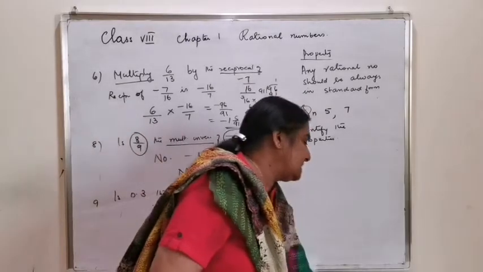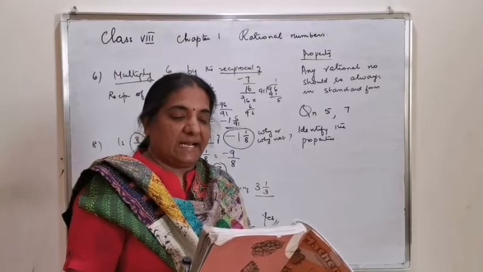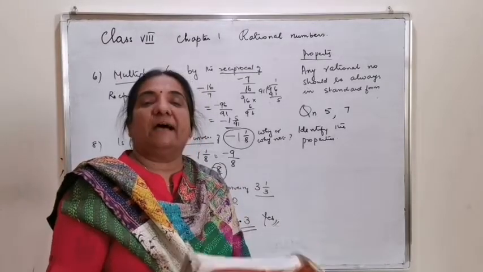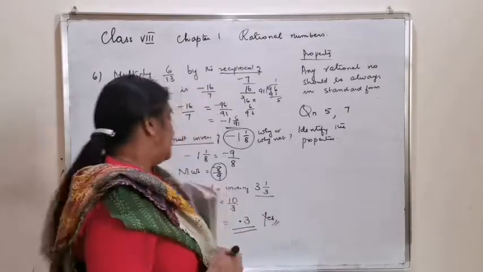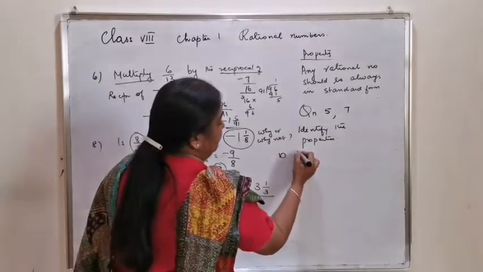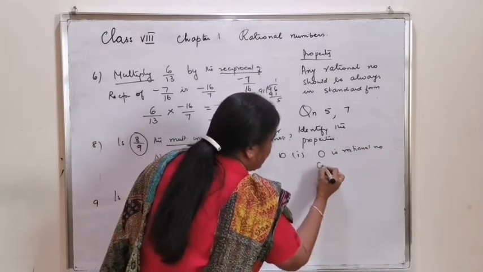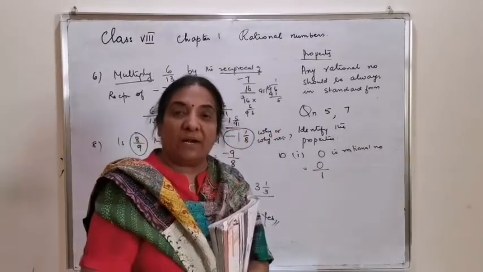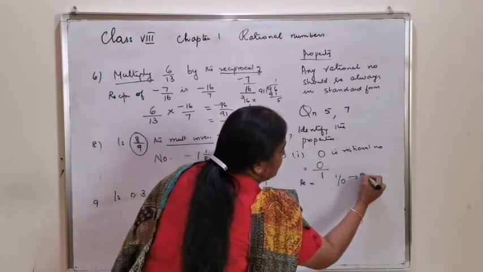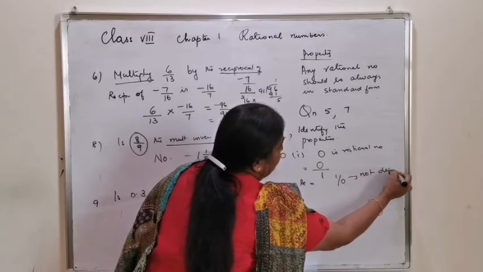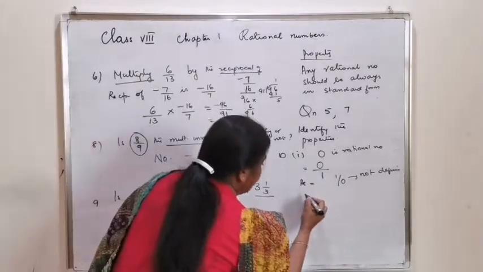Now the last two questions again. Number 10. Write the rational number that does not have a reciprocal. 0 is a rational number because 0 can be written as 0 by 1. What is its reciprocal? The reciprocal 1 by 0 is not defined. Therefore, the rational number that does not have a reciprocal is 0.